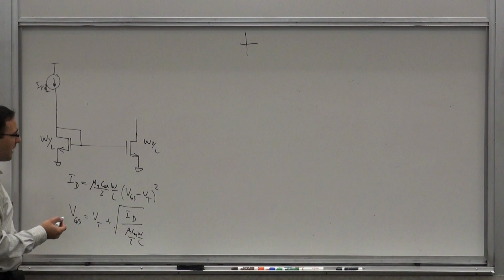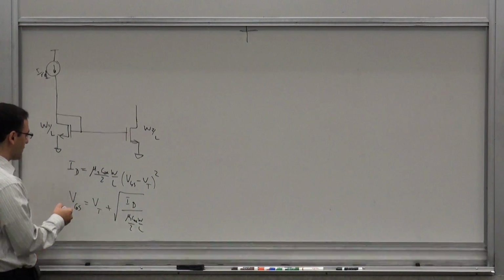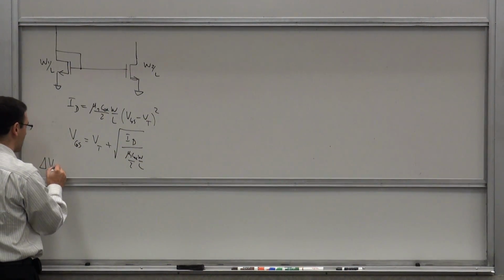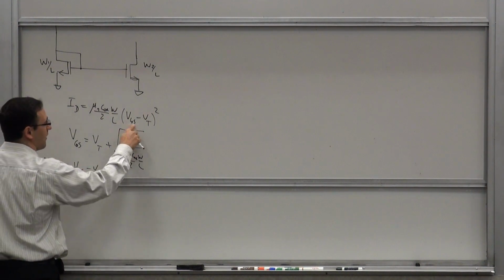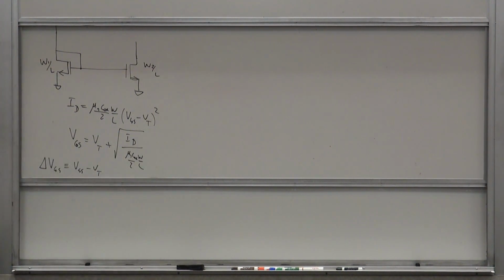Now, there was another parameter that we commonly refer to, which was delta VGS. Delta VGS was defined as VGS minus VT. It's known as the gate overdrive, because up until VT, at least based on a simplified model, you don't get any current. The transistor is off. You have to make it to VT first, and then whatever you have beyond VT is what gives you the current.